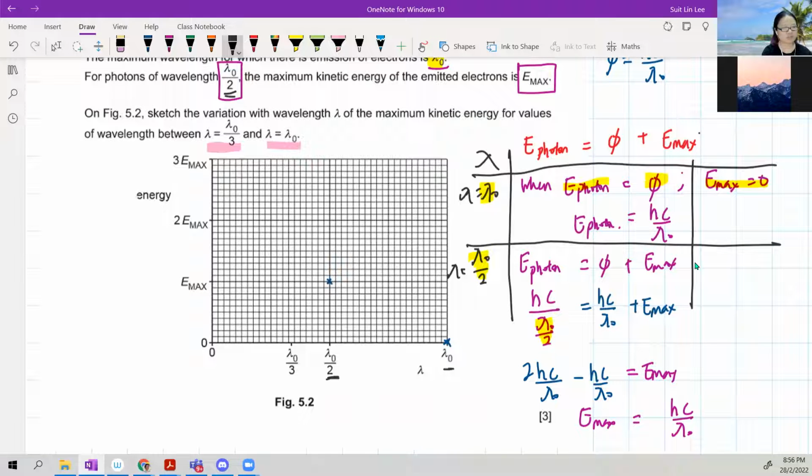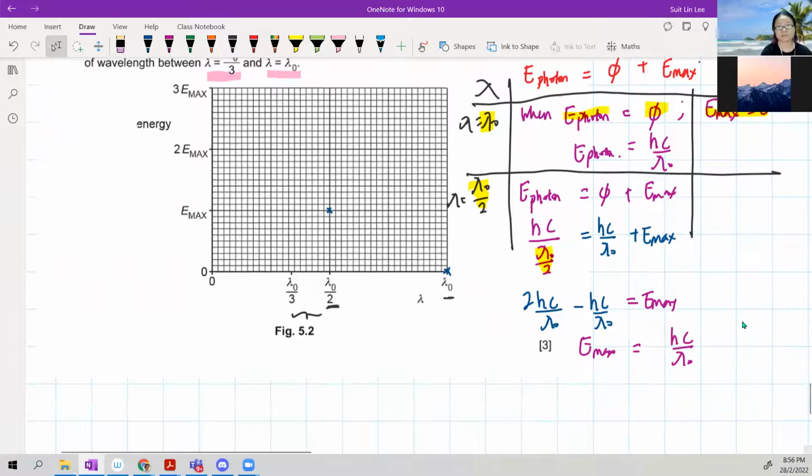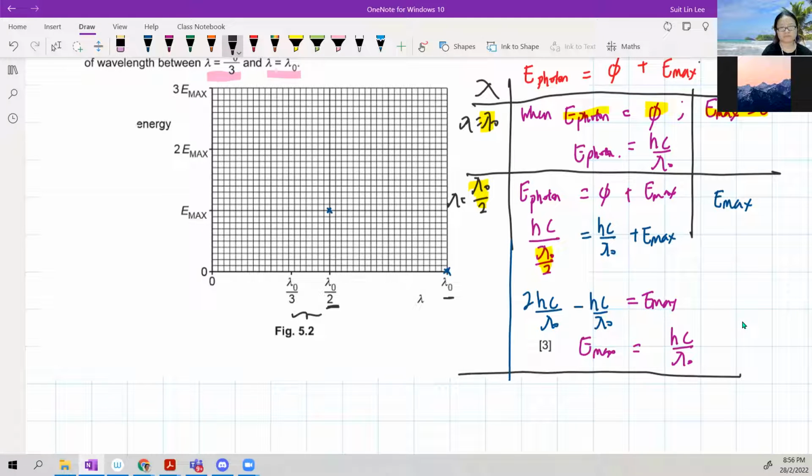But I need to know what is going on between here and here. So I need to repeat the process, but now my lambda is lambda naught over 3.